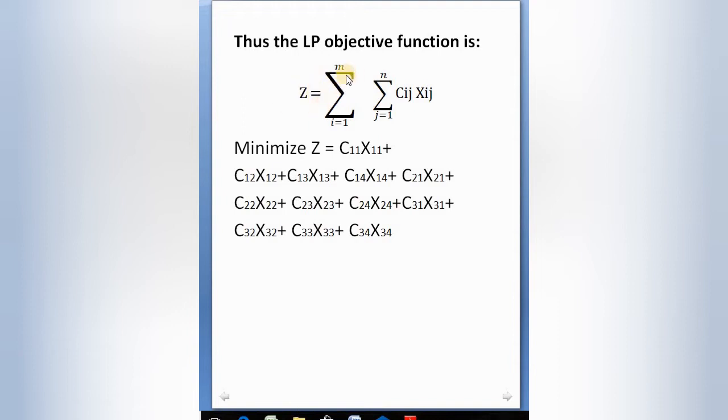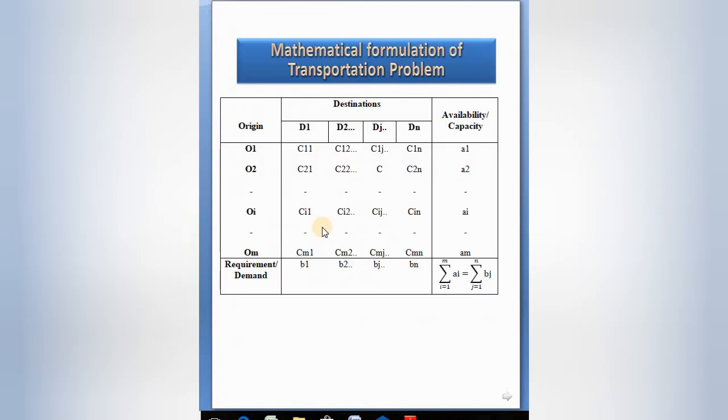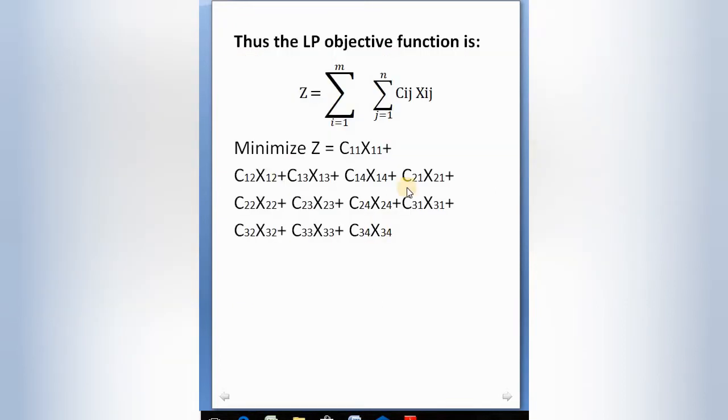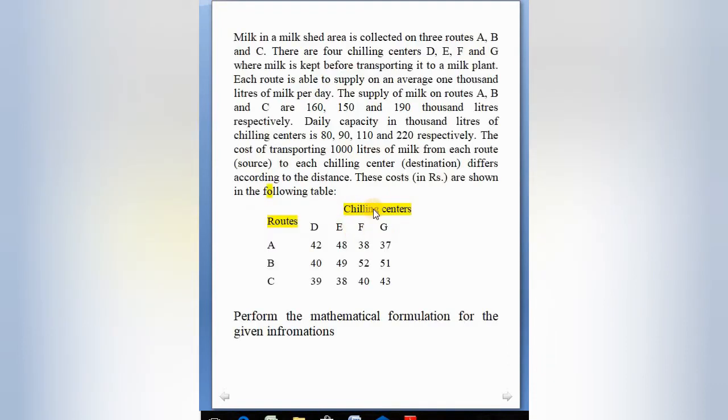Z is equal to, here there are two types of constraints. One is the chilling center constraint, another one is the route constraint. In the route constraints, there are three sub constraints. In the chilling center constraints, there are four sub constraints. So Cij, Xij. That's why I have taken two summations here, because there are two types of constraints.